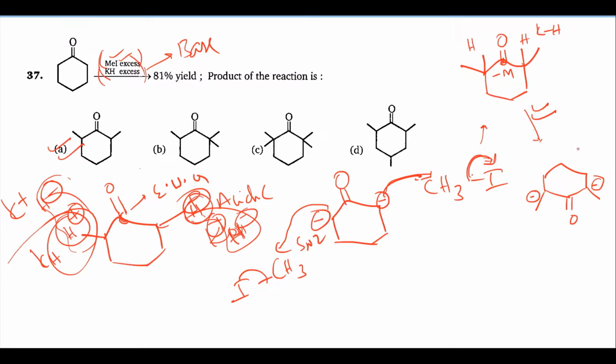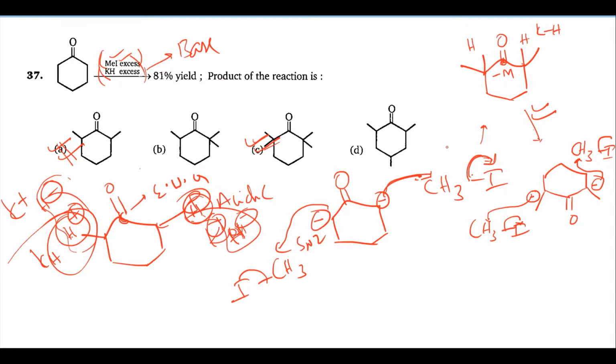Now as you can see, this is methyl iodide, so again SN2, I minus is leaving, again CH3 nucleophile is attaching and iodine is leaving. So the final product you are going to get is option C. Okay, so A is not correct, C is the correct answer. Why is C the correct answer?